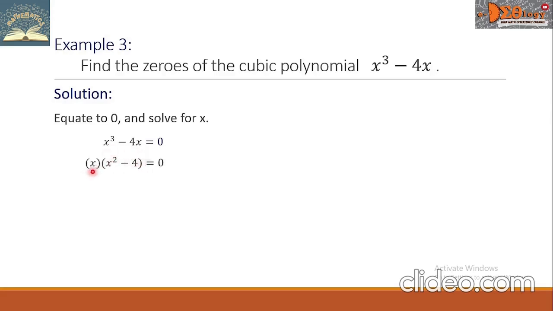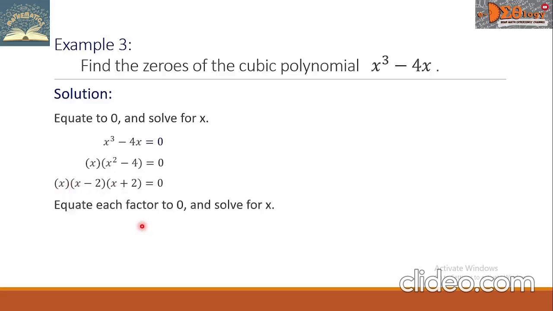We have here x times (x squared minus 4) equals 0. But this x squared minus 4 is still factorable into (x minus 2) times (x plus 2). From here we can see that we have three factors. Then we are going to equate each factor to 0 and solve for x.